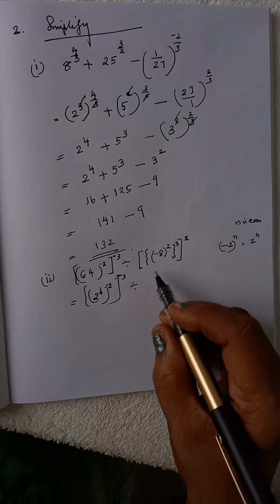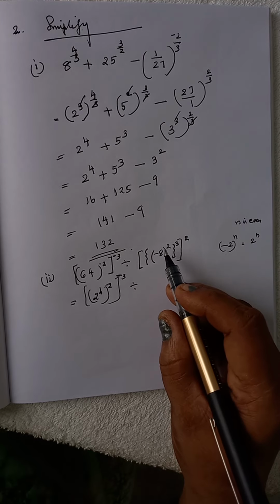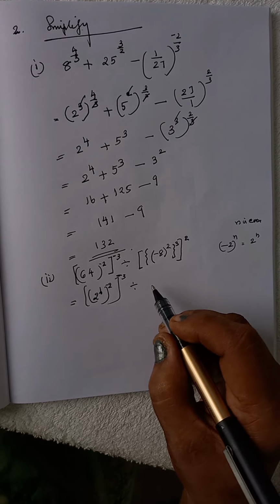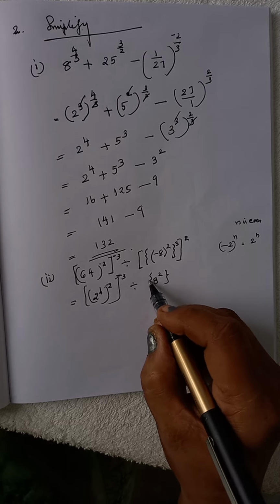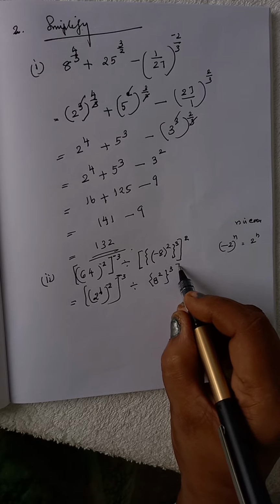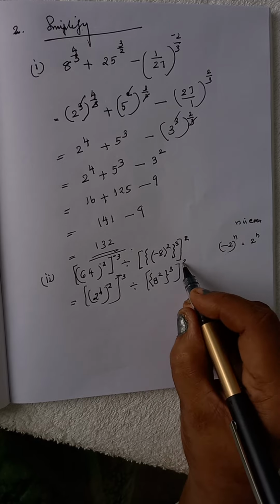So applying that rule here, minus 8 raised to 2, 2 is even, so 8 raised to 2, then that raised to 3, then that again raised to 2.